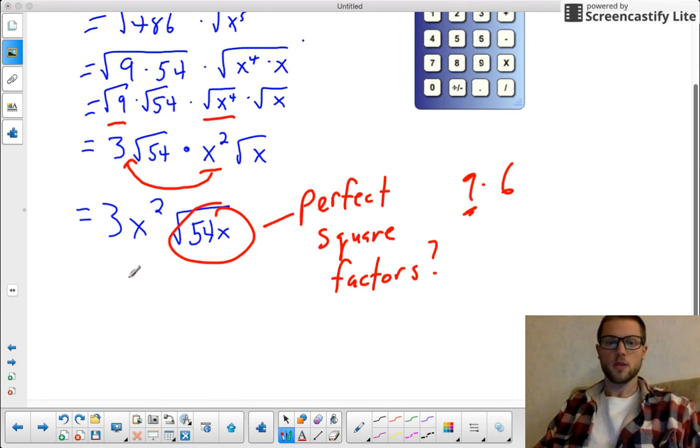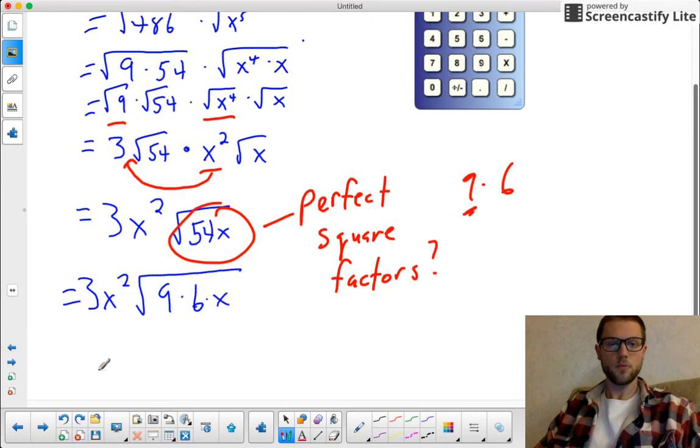Let's rewrite this then. I'm going to keep my 3x squared, and I can rewrite the square root of 54x as the square root of 9 times 6 times x. And let's split out this square root of 9.